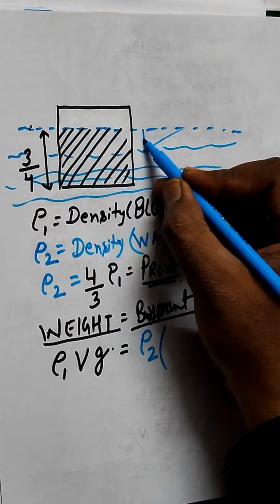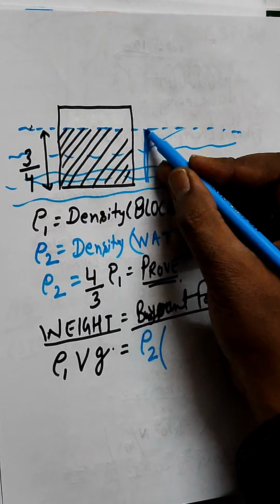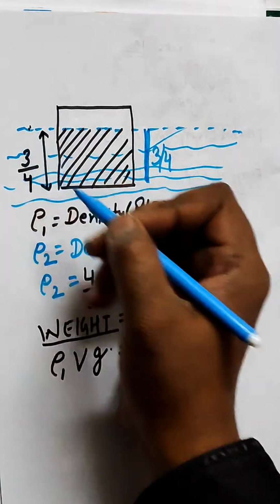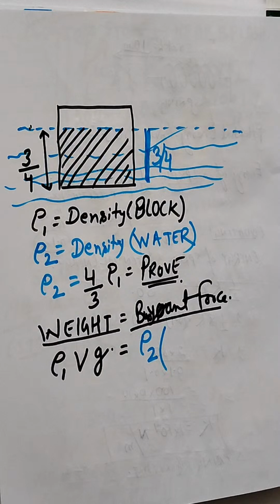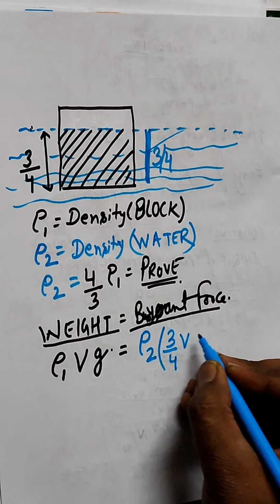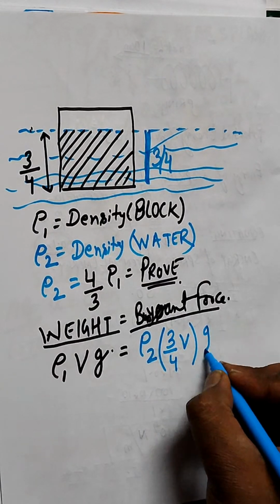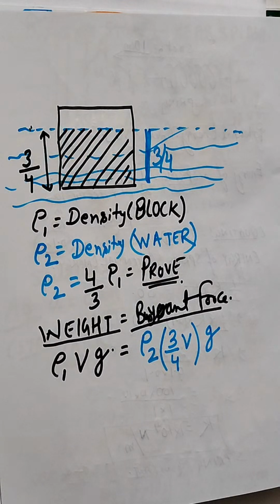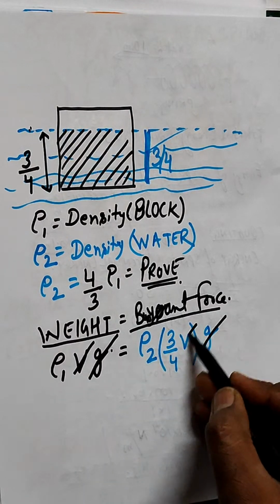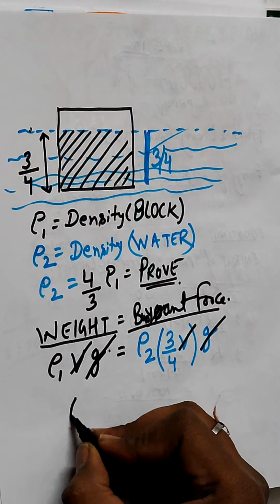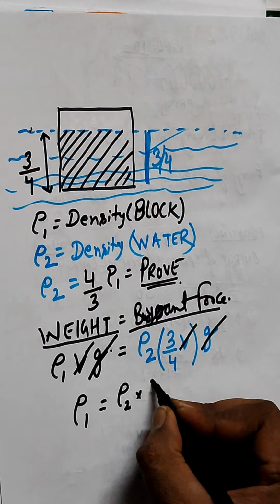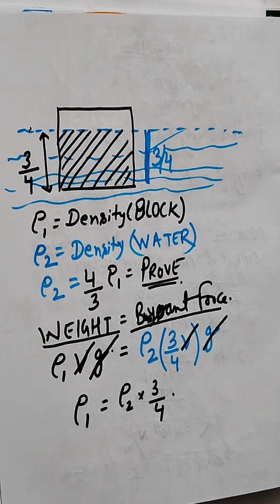So this is given as, for 3 by 4, the volume will be 3 by 4 V, and g will be constant, right? So here just cancel out g and g, V and V, then you get the relation rho 1 equals rho 2 into 3 by 4, right?